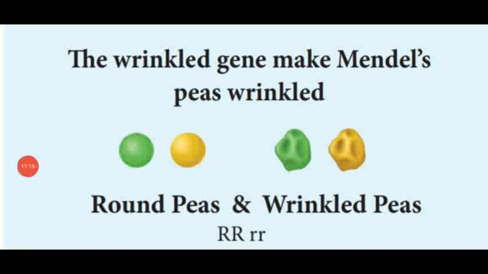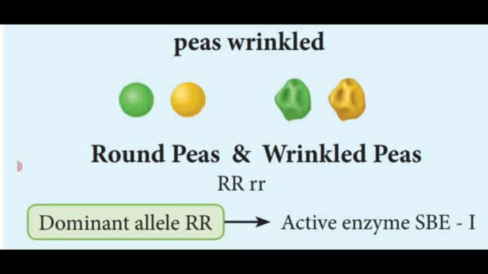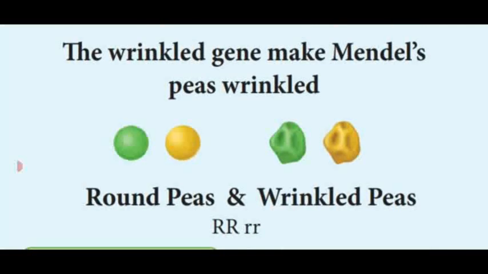Dear students, this is the diagrammatic representation of how pea plants produce the wrinkled seed. See, first one, this is the wild type dominant normal gene, that is round peas, capital R, capital R. Under wrinkled peas, what is that one?